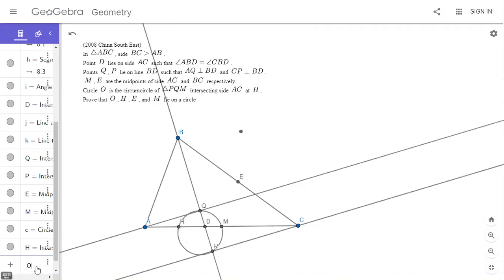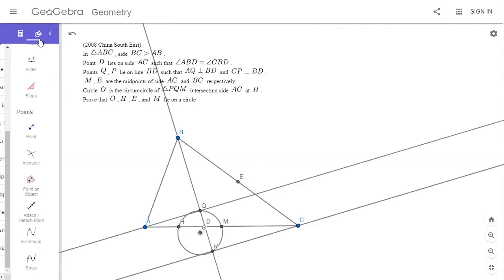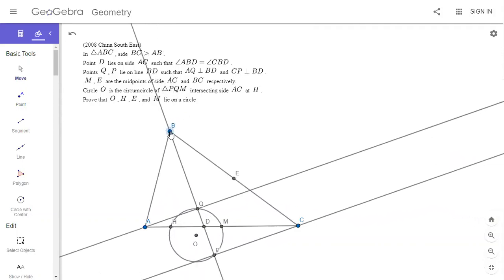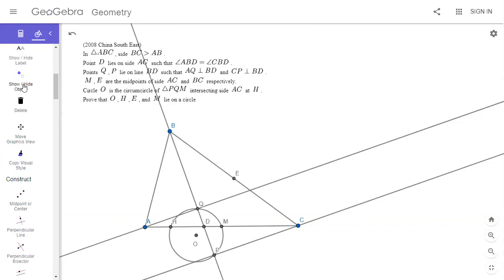O is the center of C. Okay, there we go. Something like that. I'm going to hide some stuff just to make it look nicer.